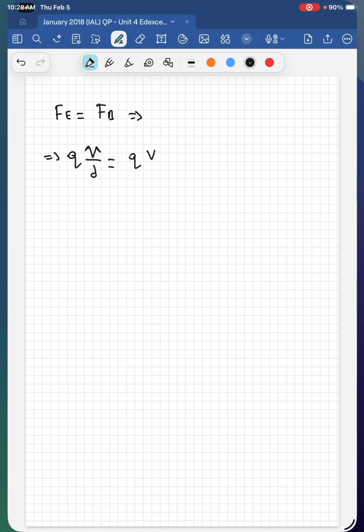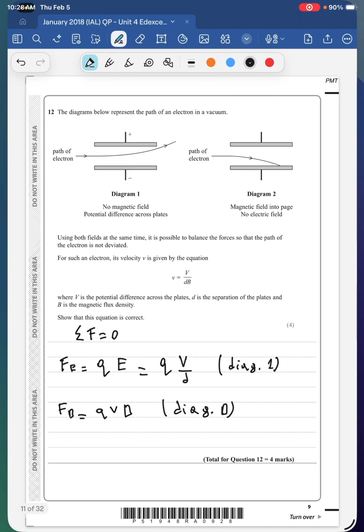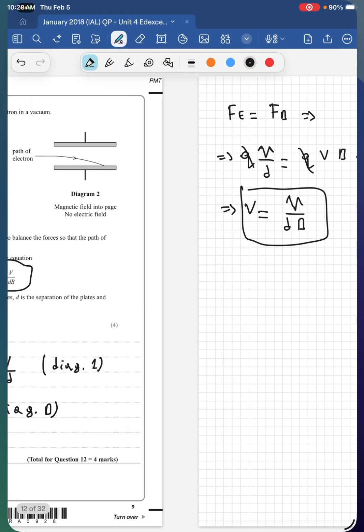That's supposed to be a lowercase v, and this an uppercase V. And we need the magnetic flux density. So Q cancels, so v needs to be equal to V, the voltage, over D times the magnetic field. Is this the same as what they ask us to find? Yes. Okay, let's move on.